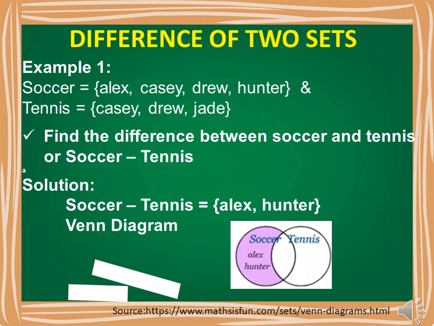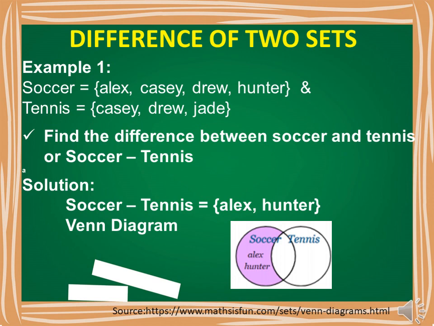So this time we're going to compare the three remaining elements for soccer with the two remaining elements for tennis. As you can see, Drew is the only remaining element for soccer which is present in tennis. So we can eliminate this out. So what's left in the soccer set are elements Alex and Hunter. Therefore, the answer is Alex and Hunter.